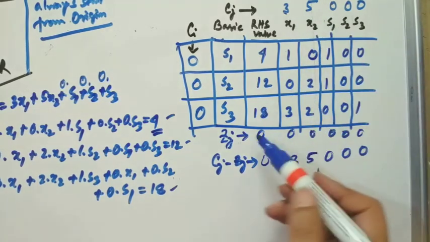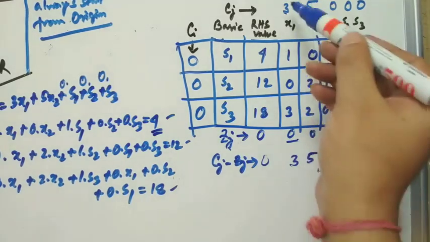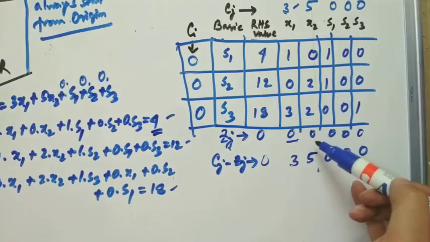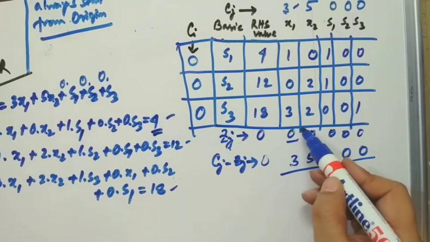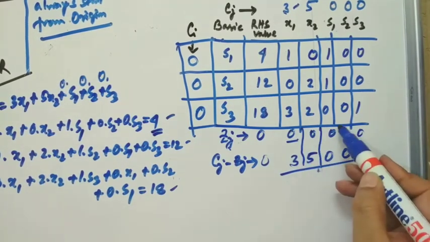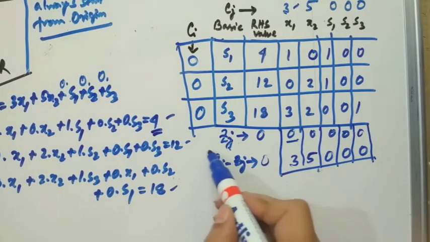This is the Cj value and this is the Zj value. So you can see Zj is 0 and Cj is 3. So 3 minus 0 is 3, 5 minus 0 is 5, and 0 minus 0 all comes here. So I think you have understood how to calculate or how to draw the first table in simplex. Okay.